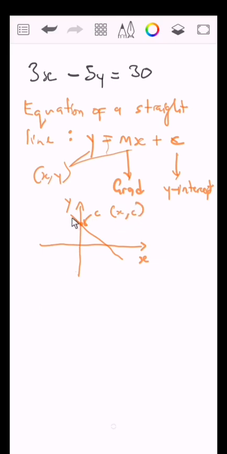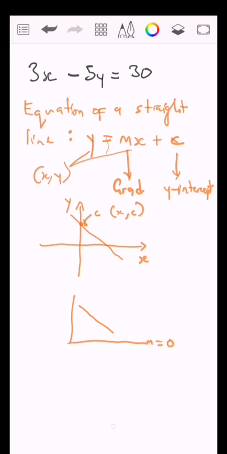Then how much our line slopes is what is called the gradient, relative to the horizontal plane. What do I mean? If we draw a line here that is horizontal, it has a gradient of 0.